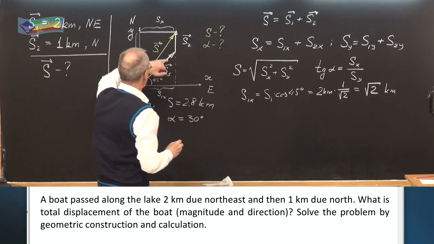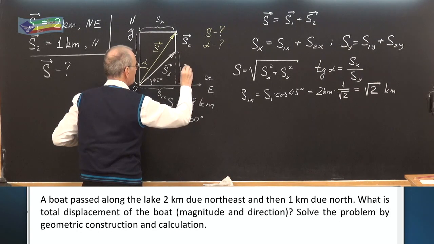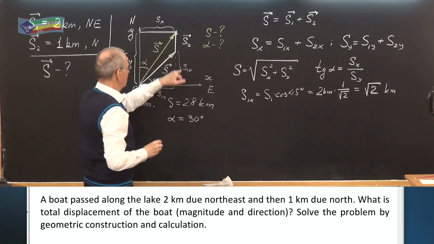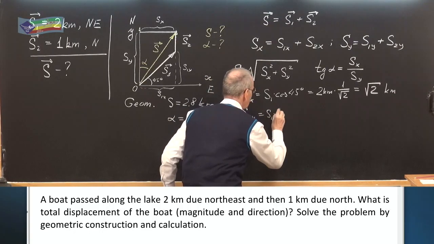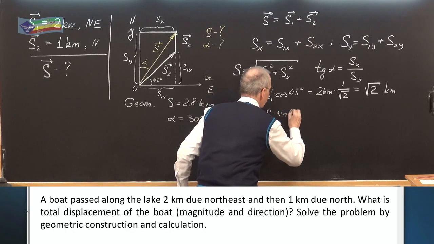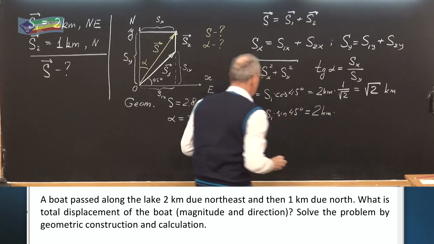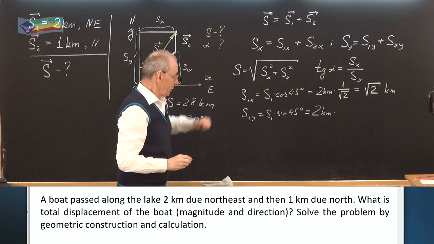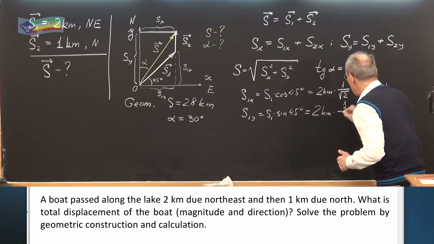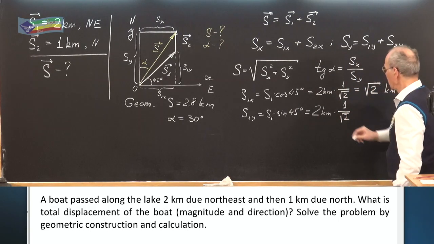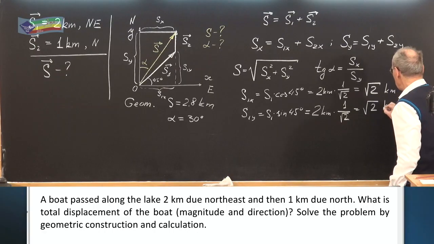S1y is this segment, and we can write S1y equals S1 times sine of 45 degrees equals 2 kilometers, and the cosine and the sine of this angle 45 degrees are the same, 1 over the root of 2, equals root of 2 kilometers.